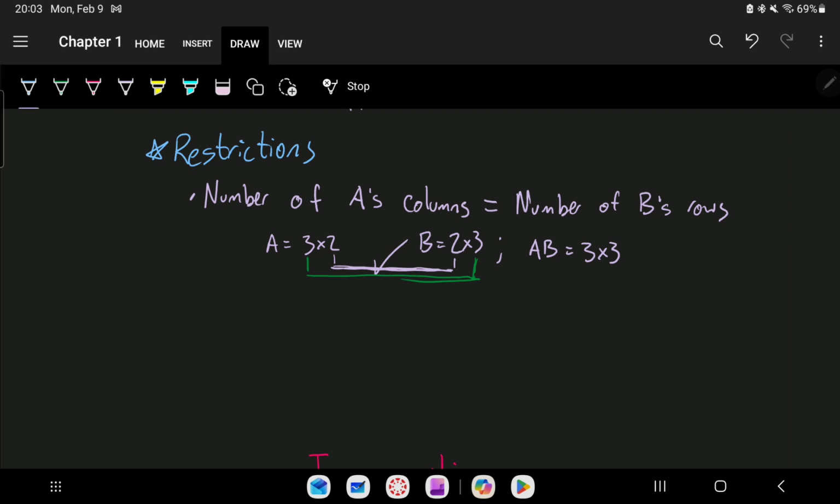And now in terms of properties, really quick, multiplying A and B is associative.